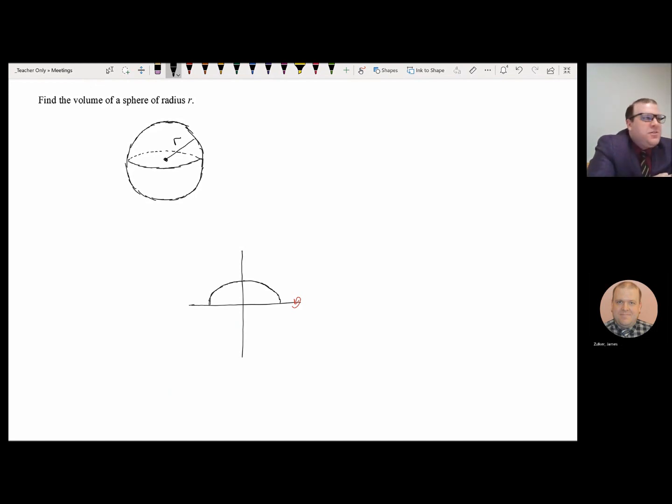Not good enough for government work. What should the interval be on the x-axis? So it goes from what to what?